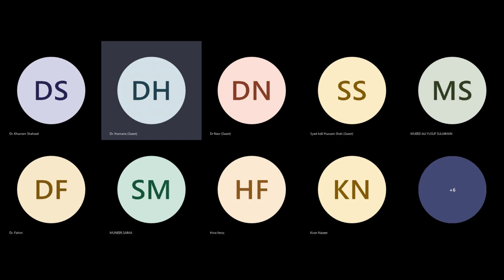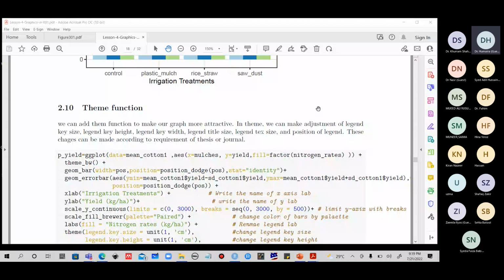These have more material for you, but I think you must understand how you can do graphics in R. You have all these notes and commands and data; you will put them in and these will all run. But you have to understand what things we have. So the theme function is important.